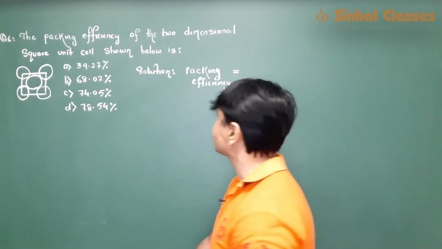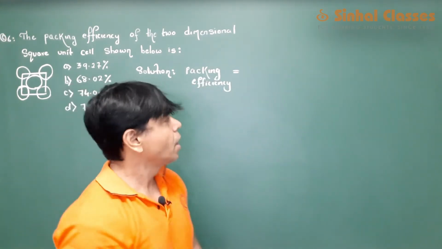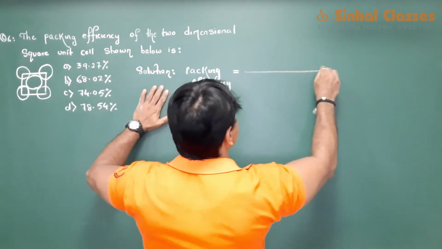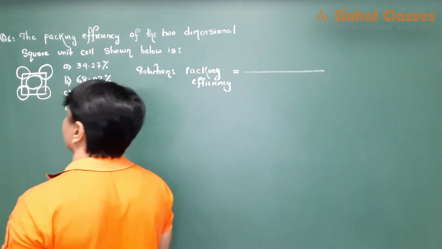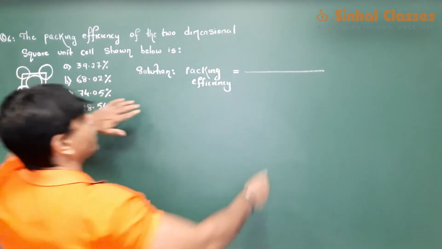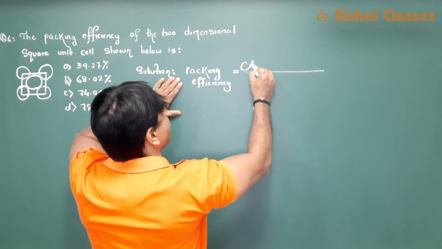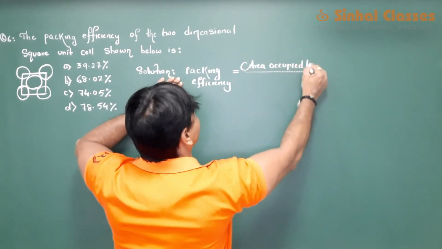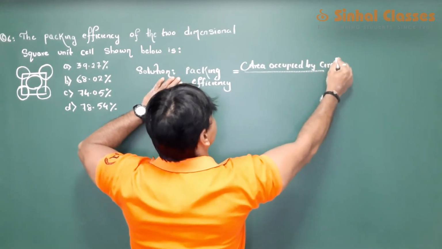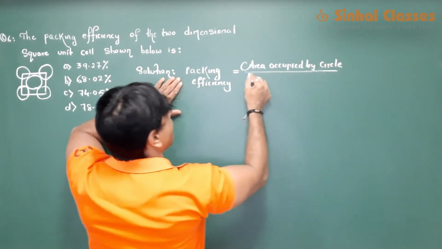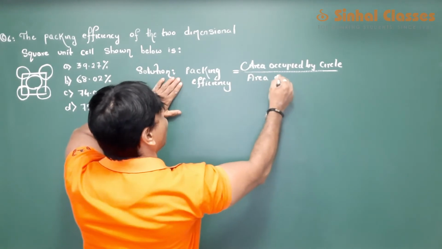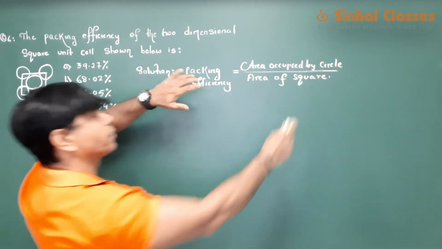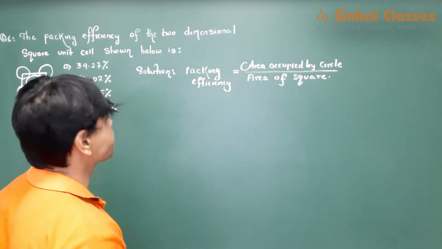So now how will you get the packing efficiency? Packing efficiency will be the ratio of area occupied by circle divided by area of square. This will be your formula. Now let us take one by one.